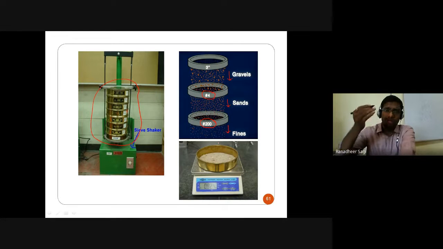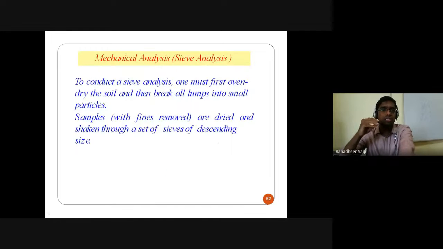So we'll remove all those individual sieves, collect all the soil grain particles which got retained on each of that set of sieves, and measure the weight of the soil grains retained on each particular sieve.